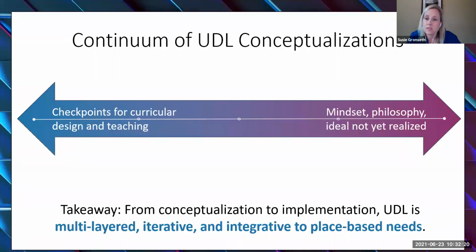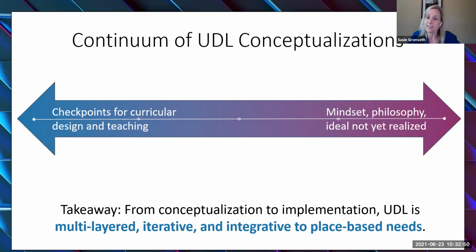Okay, so then on the other side of our two-sided arrow, I hear where universal design for learning is really more of a series of checkpoints, for curricular design and teaching. And there are conversations around how many of these guidelines, checkpoints, do we have to include for this lesson or this course to be considered UDL?